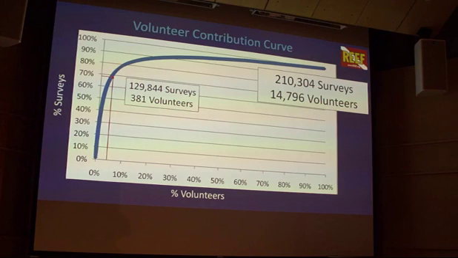So 130,000 of those surveys, about 70% of all the data we have, were done by 381 people. So it's about 2.5% of all of our surveyors who have contributed about 70% of the data. That's really telling and not unique to Reef, but it's always an interesting story to share.